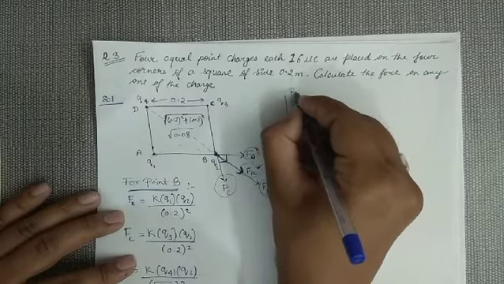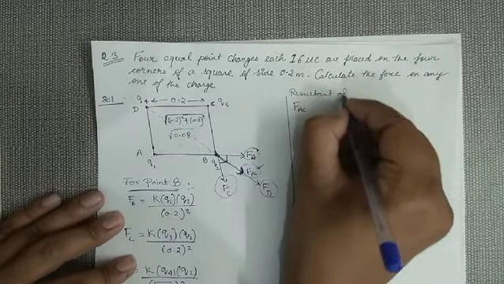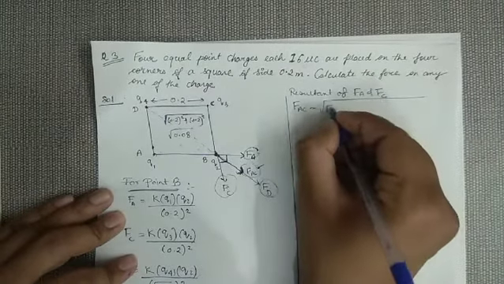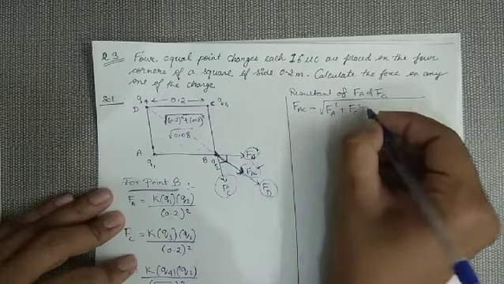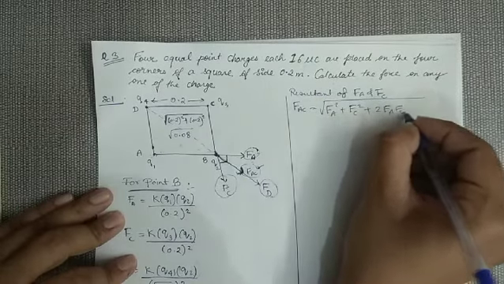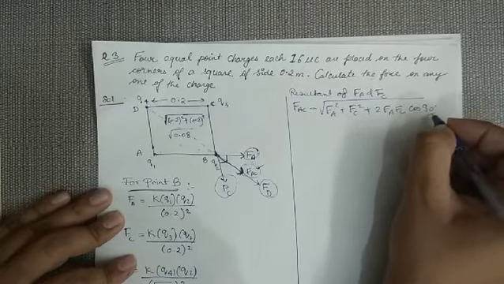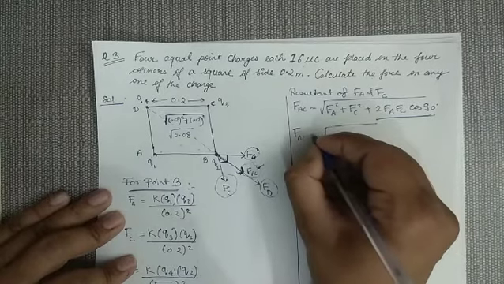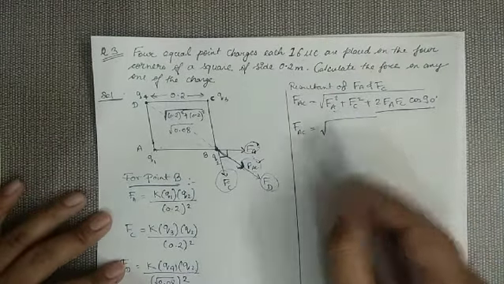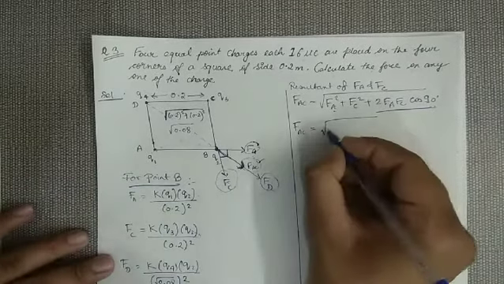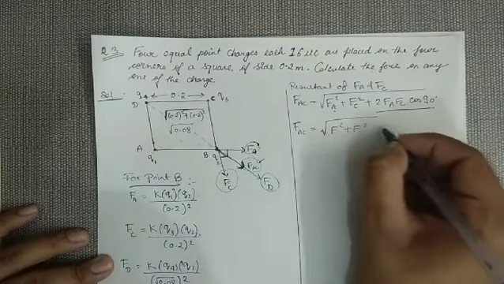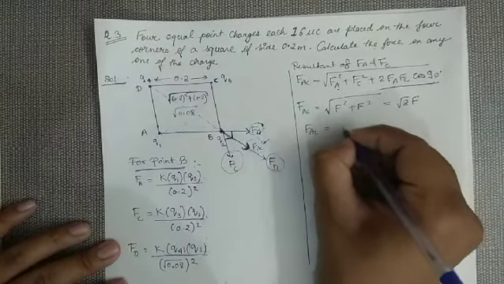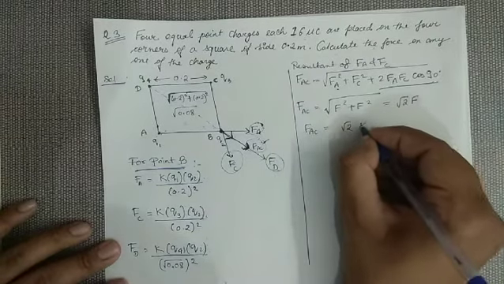FAC means the resultant of FA and FC. That will be the square root of the square of first plus the square of second plus 2 times FA into FC cos of the angle, and this time the angle is 90, cos 90 is 0, so this quantity you can neglect. Since FA and FC are equal, just write F square plus F square, that is root 2 times F. So your FAC is root 2 times F, and what is F?